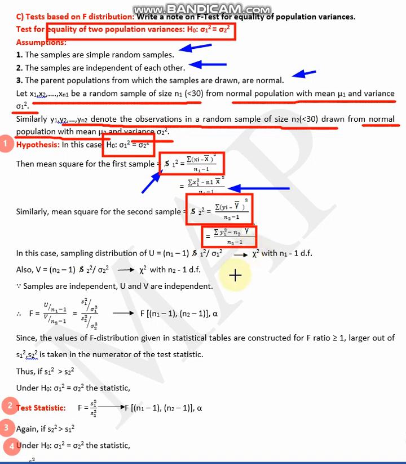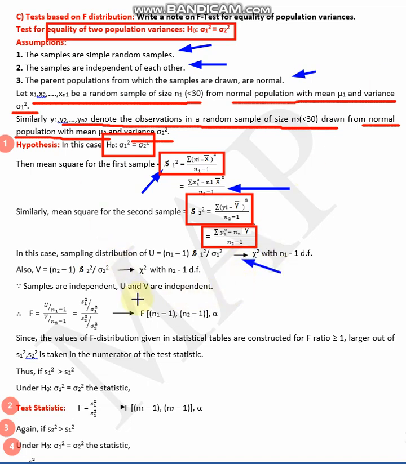And we know from the sampling distribution that if I take one more variable u, where u is n1 minus 1 s1 square divided by sigma 1 square, this follows a chi-square variate with n1 minus 1 degrees of freedom.